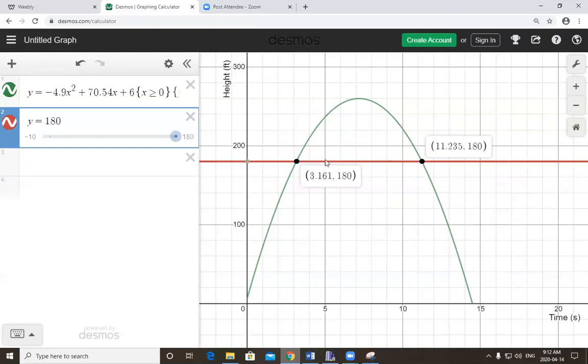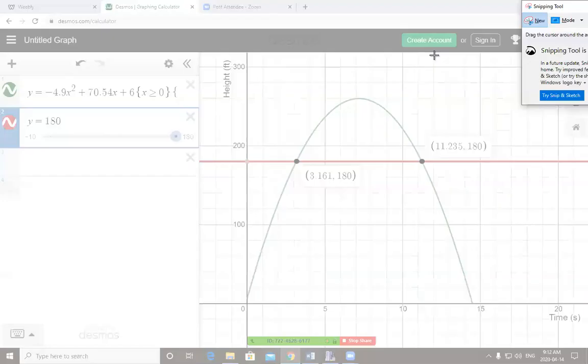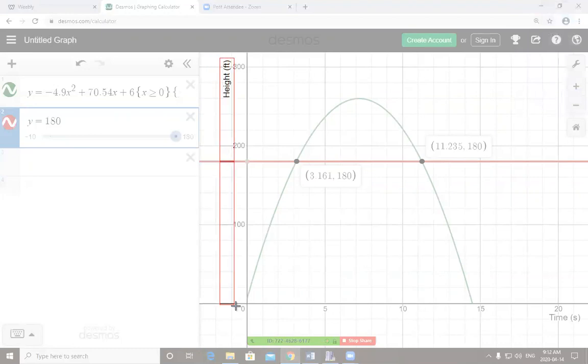So notice that we don't just click on the curve and get our answer. We actually have to use the points to get our answer. So we have gotten the points, and we need these points, so we're going to snip this and put this into our Word document.